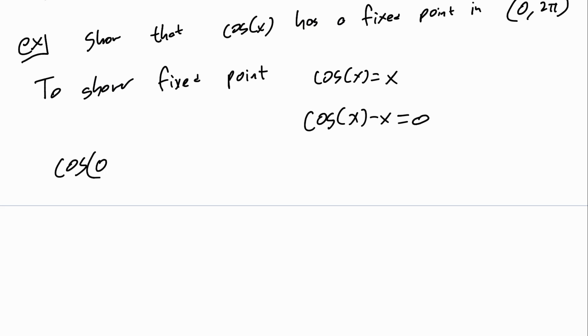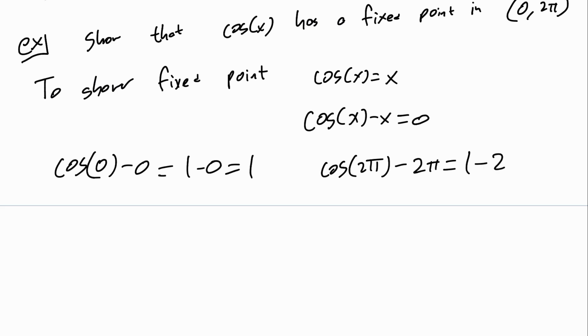So let's see what happens at 0. Cosine of 0 minus 0 is 1 minus 0, which is 1. And at the other endpoint, cosine of 2 pi minus 2 pi is 1 minus 2 pi. That's about 1 minus 6.28, which is about minus 5.28.